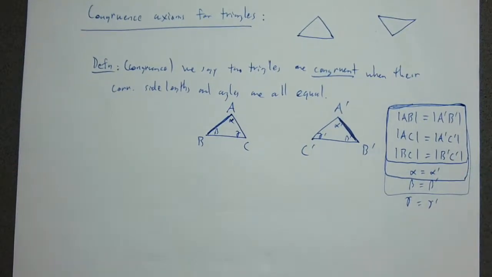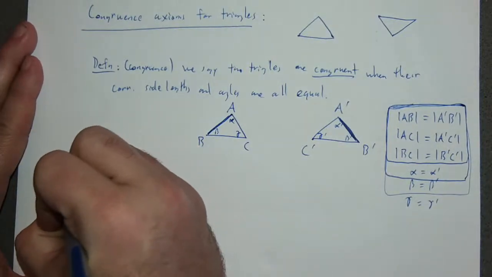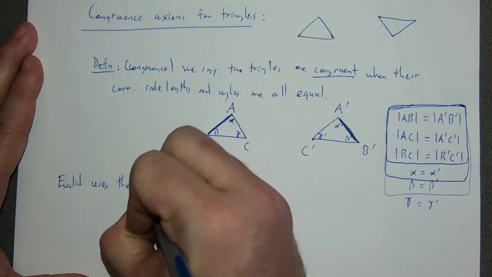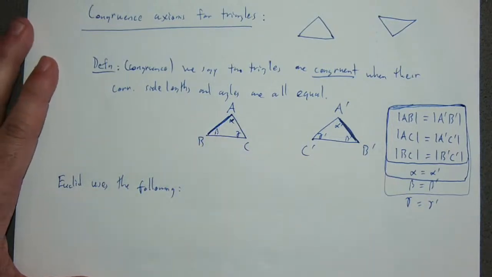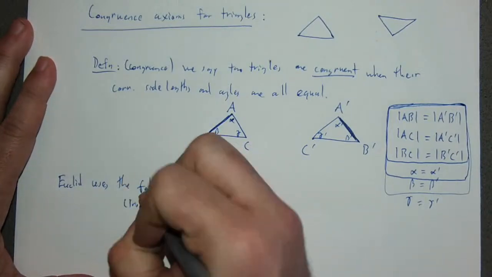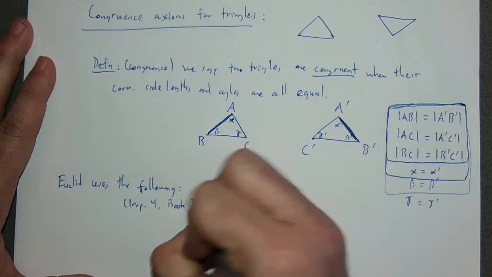So exactly what we're going to assume is the following. Euclid uses the following, and this is proposition 4, book 1 of the Elements.